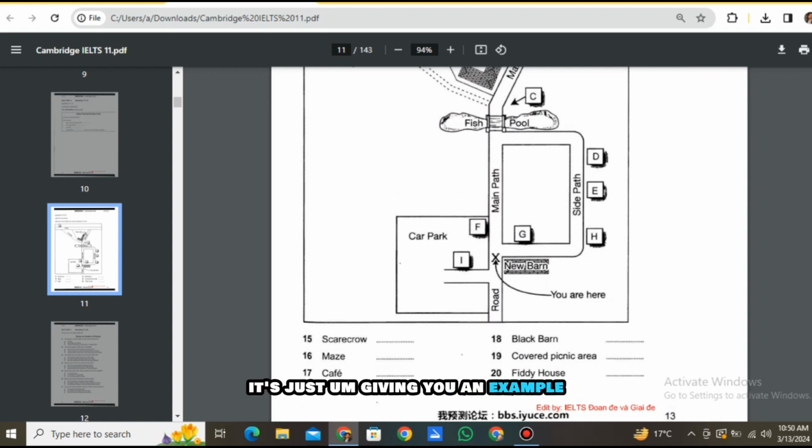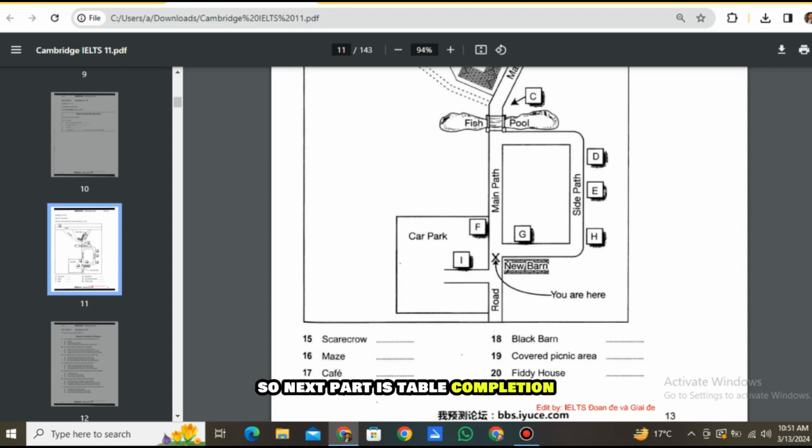I'm just giving you an example. This could be some other thing, and we have to listen to the audio very carefully, and we have to know about the places, and we have to mention F, H, E, anything that could be the answer.